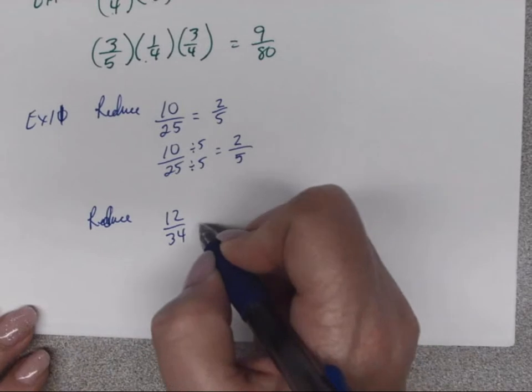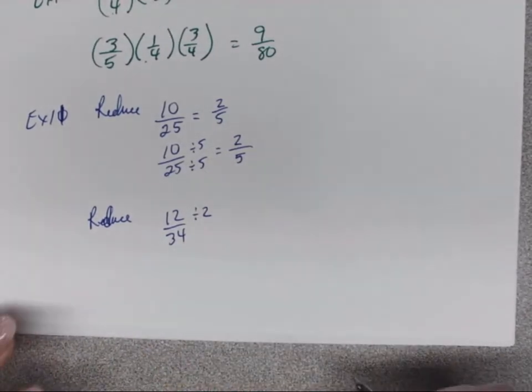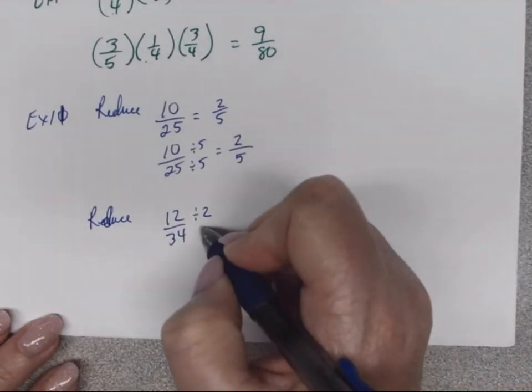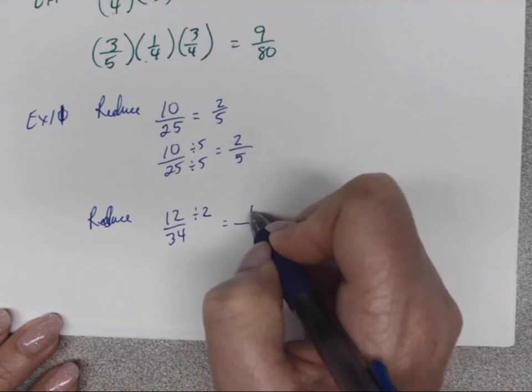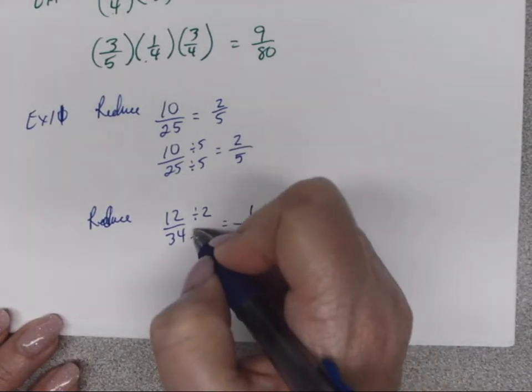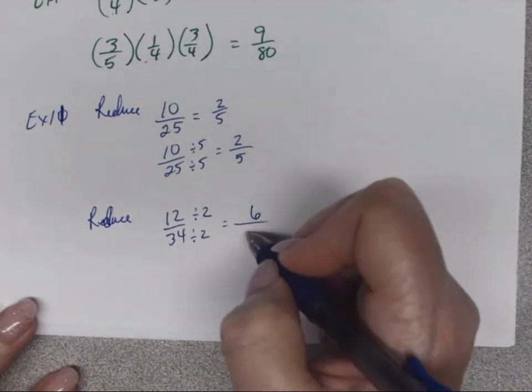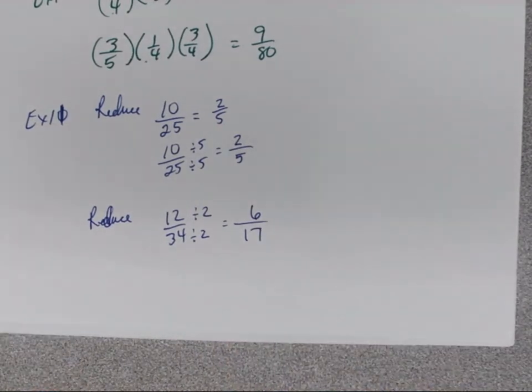I can divide by 2. So if I divide by 2, 12 divided by 2 would get me 6 on the top, and 34 divided by 2 is 17. And then sometimes you might have to divide again. These are reducing down by one number, but sometimes they're going to divide by another number.